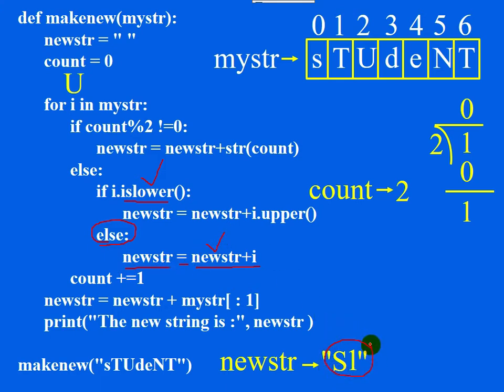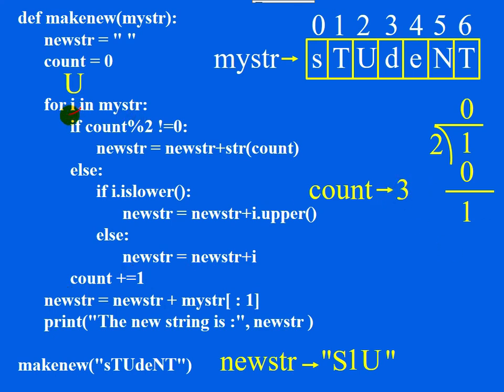The string S1 should be concatenated with the I. What does I contain? Capital U. So S1 is concatenated with the capital U, which means now here you get S1U. You can see S1U. Now after this, count equals count plus 1, which means now your count becomes 3.